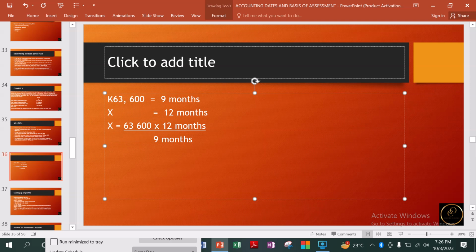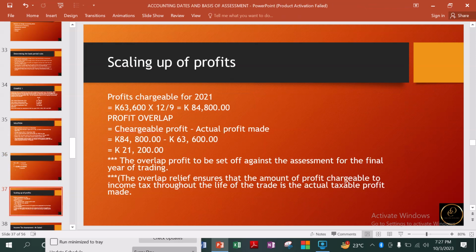So when you sort out that one, you are going to end up with a figure as calculated here, 84,800. That's why you have this fraction, 63,600 times 12 over 9, which gives 84,800.